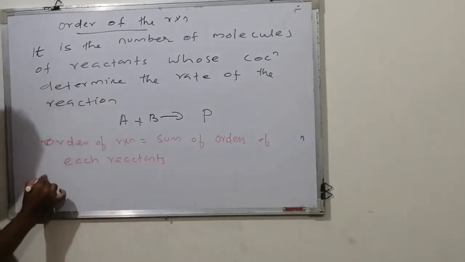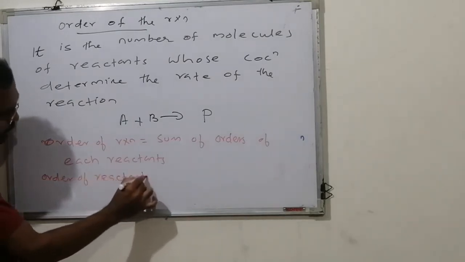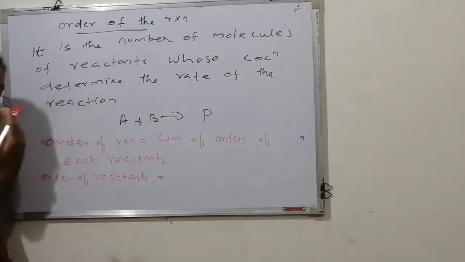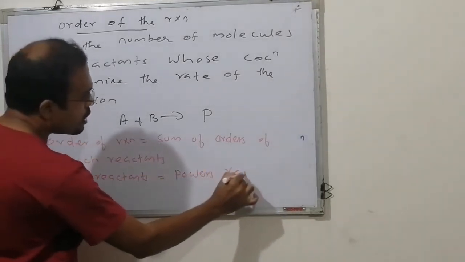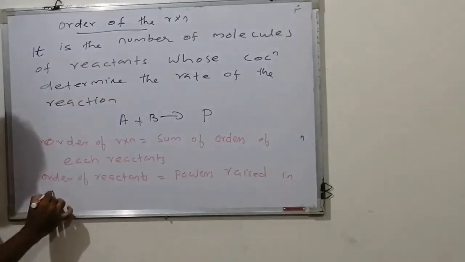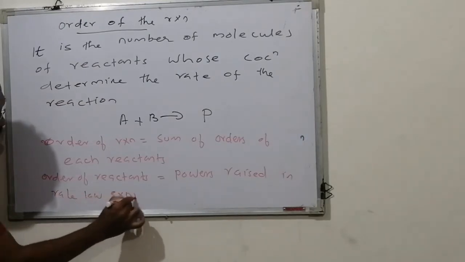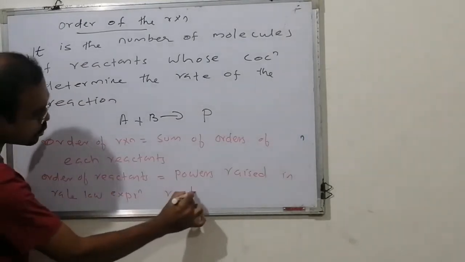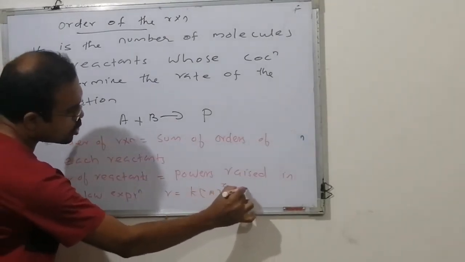Now, what is the order of reactant? Order of reactant is the powers raised in the rate law expression. That is, R is equal to K into A raised to x, B raised to y.